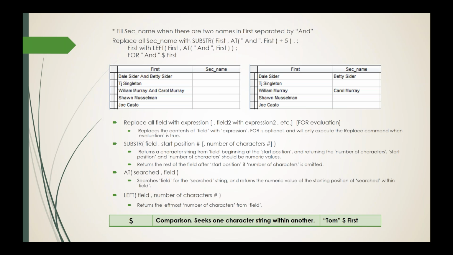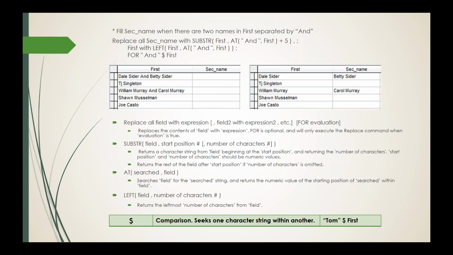In the AT, we're going to provide first what do we want to find with our AT function, and I've used space "and" space because we don't want to find "and" if it occurs in someone's name. We want to find it when it's its own word, which is why we've added a space before and after our "and" string in our AT function.